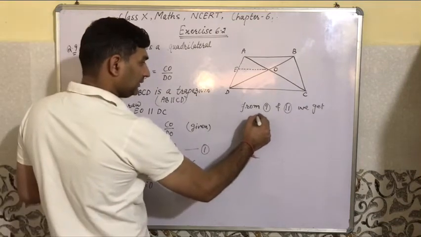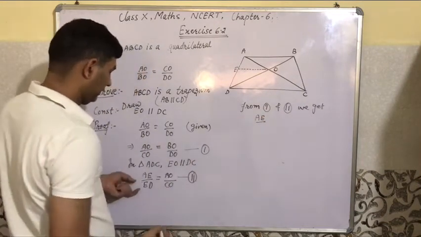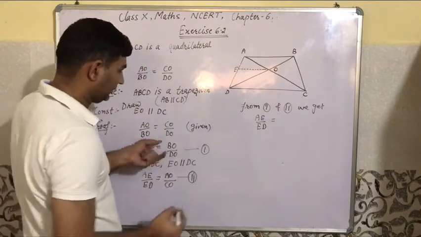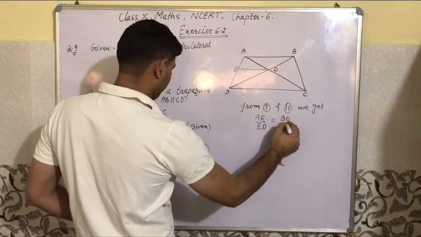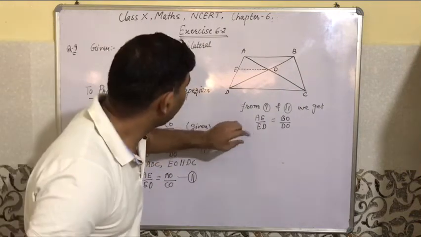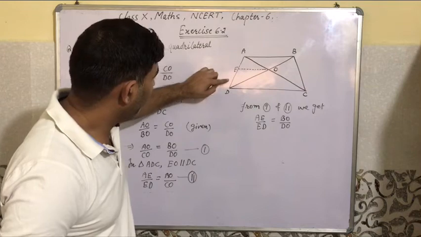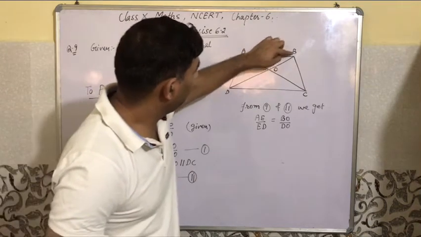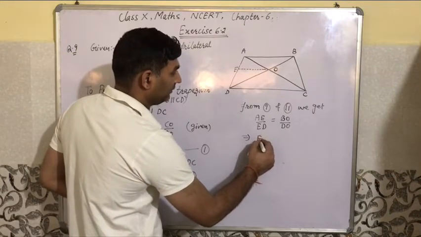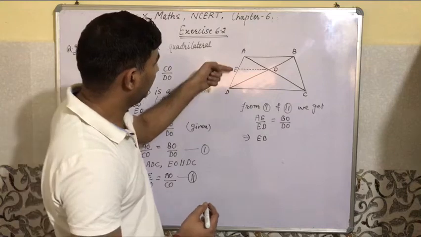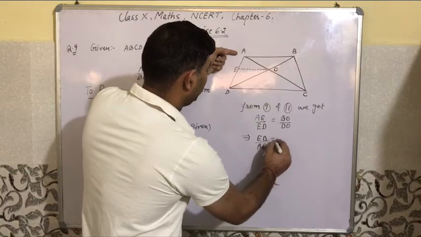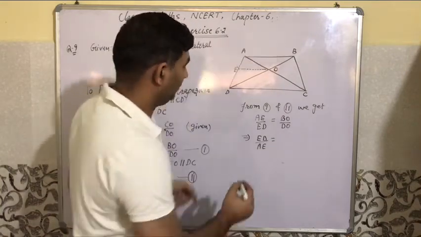Then we can write this AE upon ED is equal to this BO upon DO. See, AE upon ED and this BO upon DO, then taking reciprocal, ED upon EA is equal to DO upon BO.